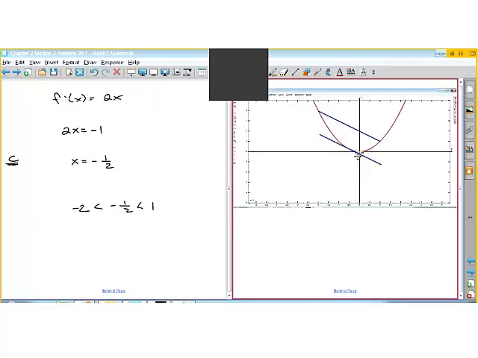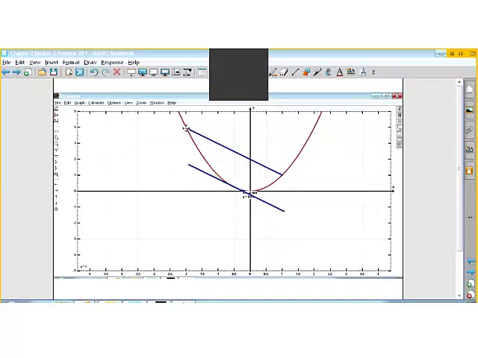And if we plot the function, so this is the function. This is the beginning of the interval, -2, 4. This is the end of the interval, 1, 1.